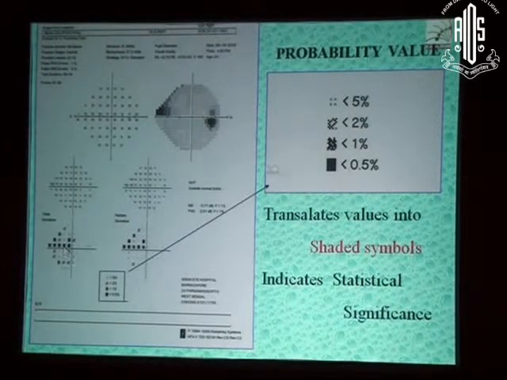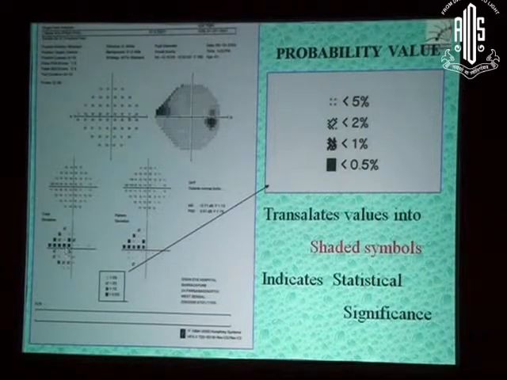If in any area there is a defect of maybe minus 9 decibel, whether this minus 9 decibel is statistically significant or not, you can find out with the database the machine has: in a normal patient, how many patients may show this type of defect.